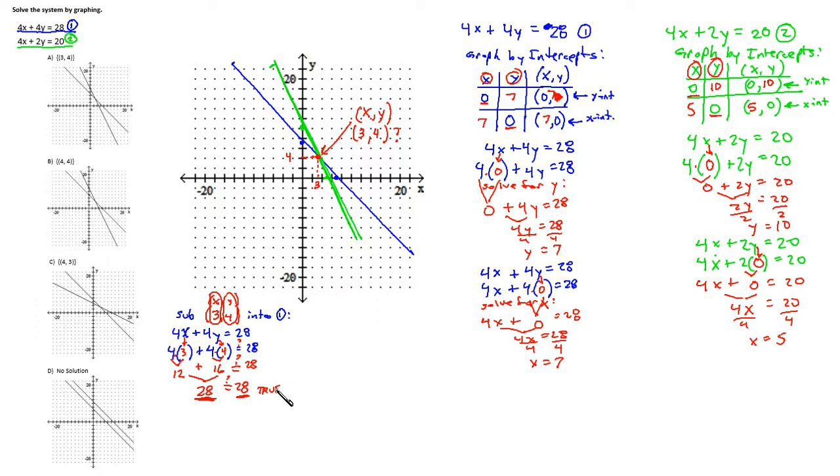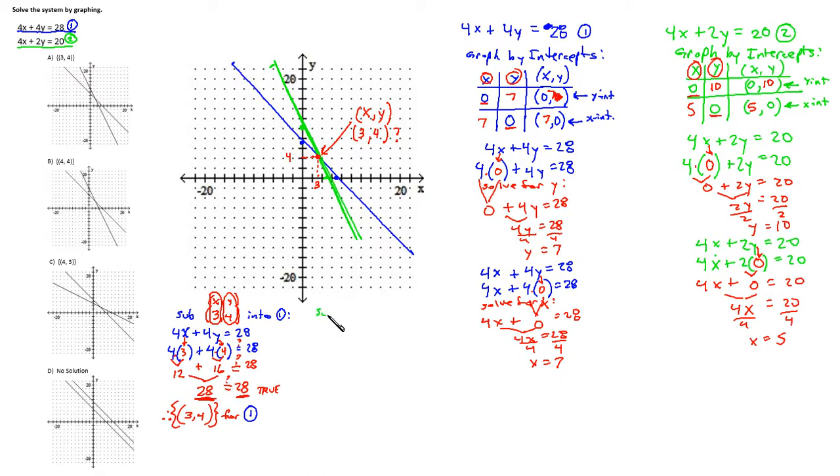So what this means is that, therefore, the point 3, 4 is a solution for equation 1. Now, is it a solution for equation 2? So now we're going to replicate this checking step.